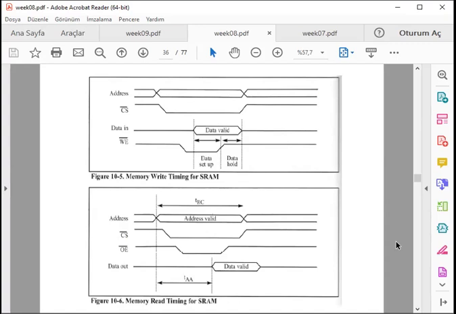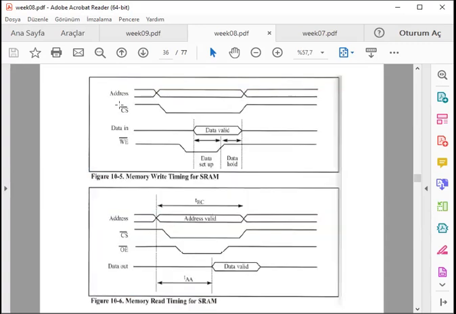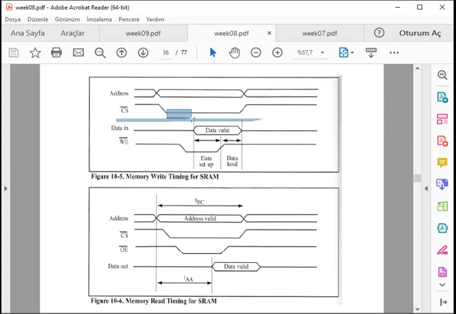And we come to data bus timing. Data bus timing diagrams are like this. Those are the address signals. There is not only one signal, but many signals on top of each other, so this is a group of signals. Chip select is a single signal to enable the chip. When it's low, the chip is in operation.